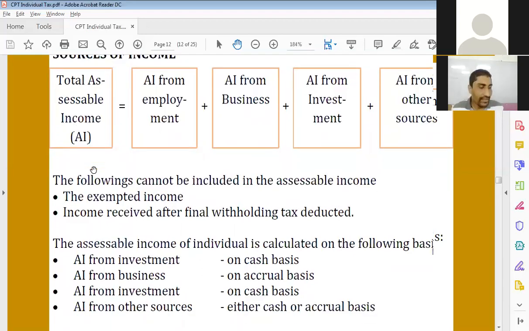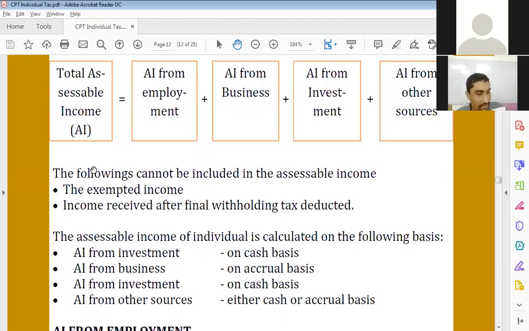And the next area that I have already explained, when you are calculating the assessable income of individual, it should be calculated on this basis. That is, when you calculate the AI from employment, it should be on cash basis. When you calculate the AI from business, it should be on accrual basis.